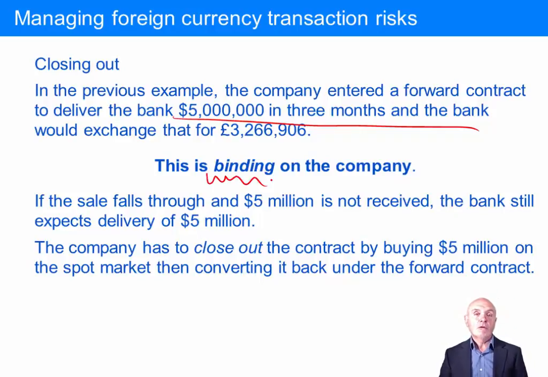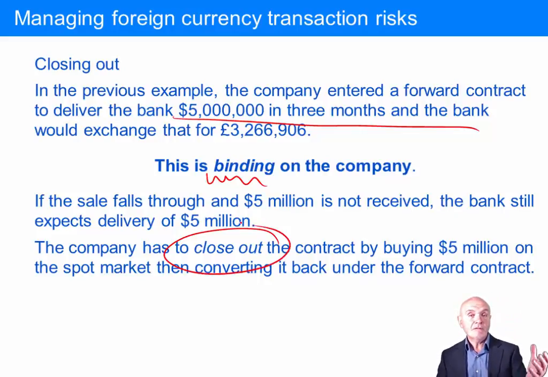And as I said before, we are bound to turn up at the bank in 3 months' time with $5 million in exchange for £3,266,906. It might mean the phrase is close out the contract, and we complete it by going into the bank with sterling, changing it into dollars and immediately changing it back onto the forward contract. So it's a little bit of residual risk there.